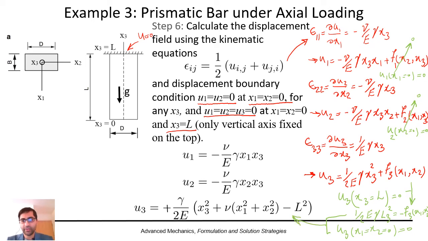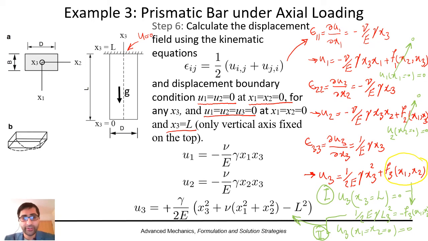So basically we considered two boundary conditions here to work out f3, which can be a function of x1 and x2. And here is the result for the displacement distribution.